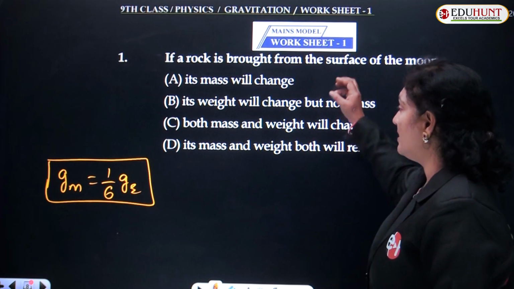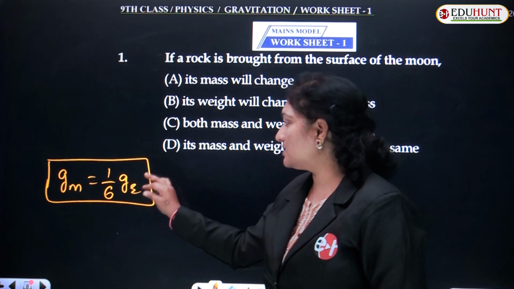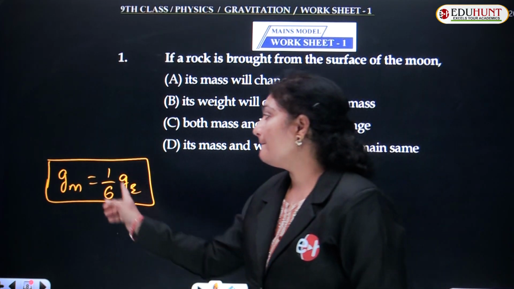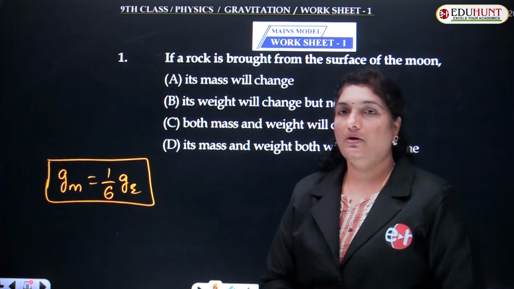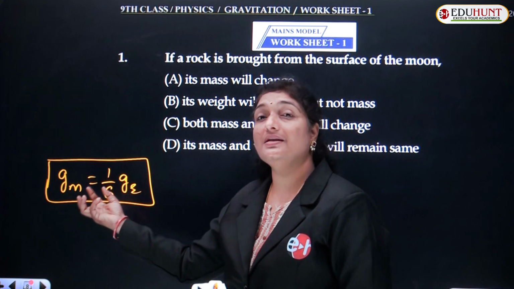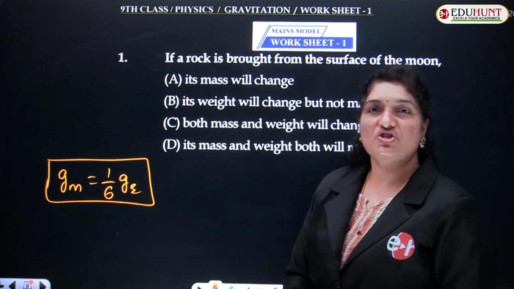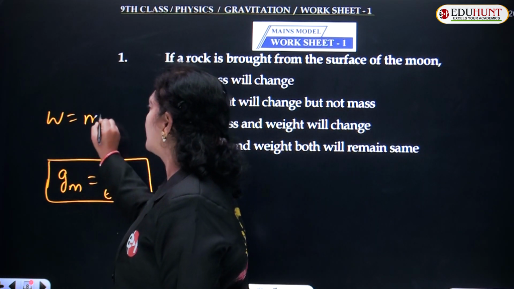So, whenever a rock is brought from the surface of the moon to the surface of the earth, mass always remains constant, but due to the change in gravitational force, the weight of the body changes, because weight is equal to mg.